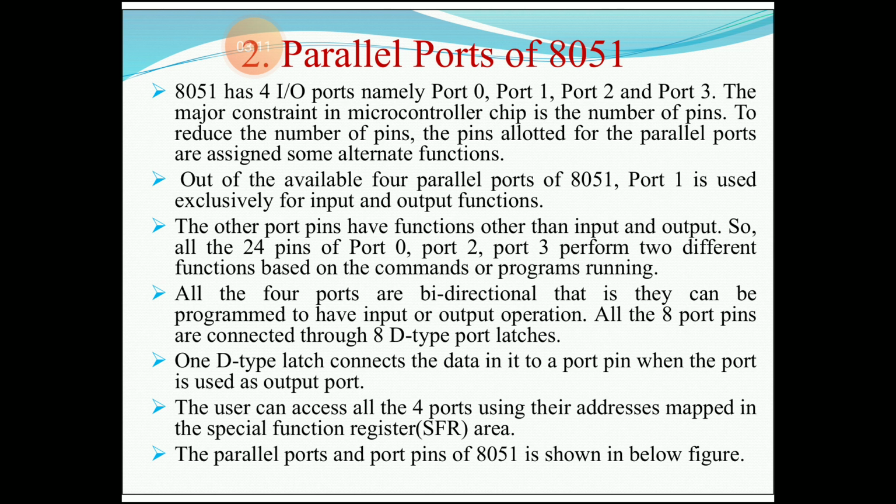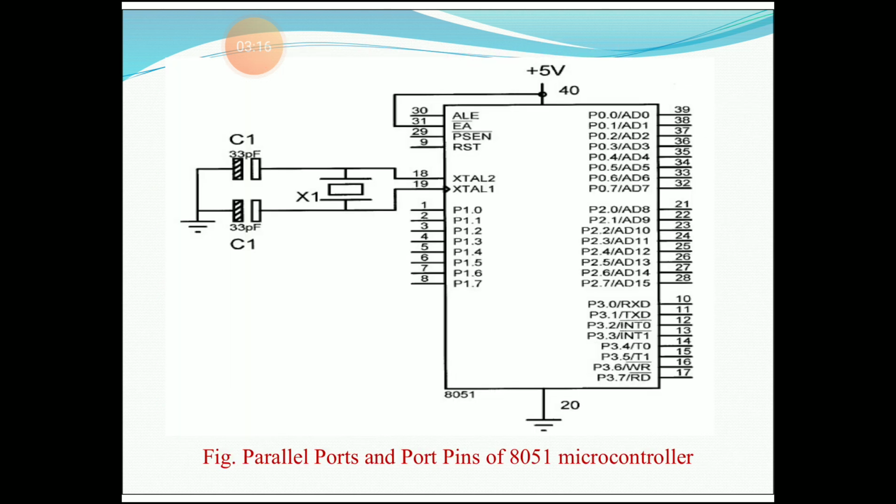The parallel ports and port pins of 8051 are shown in the figure below. This diagram consists of parallel ports along with port pins of 8051. From the diagram, port 1 is used as an independent I/O port, port 0 is used for I/O operation and as multiplexed address and data lines, and port 2 is used for I/O operation and carries the multiplexed higher order address lines A8 to A15.